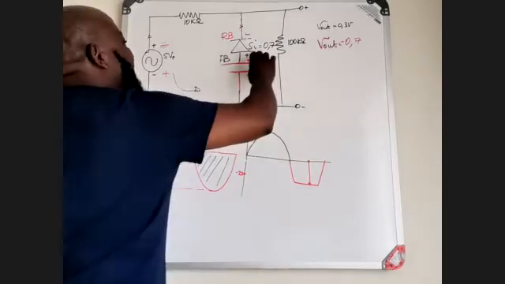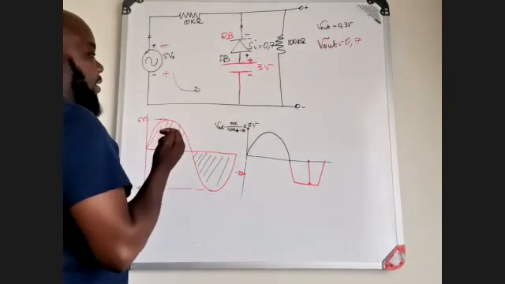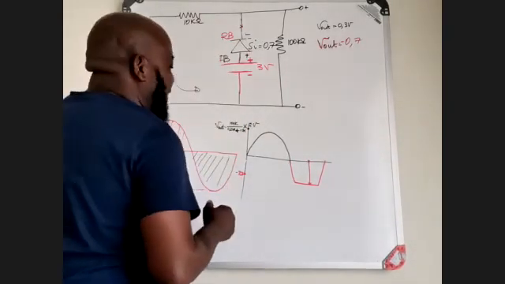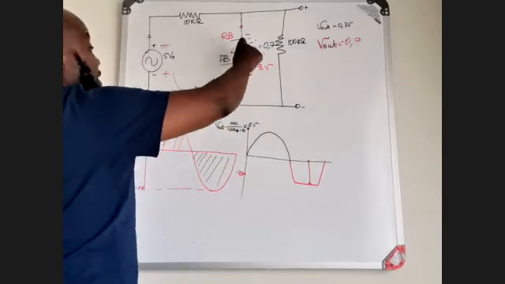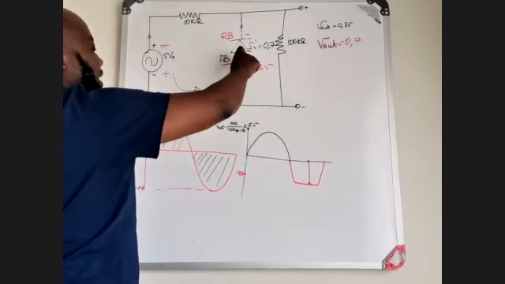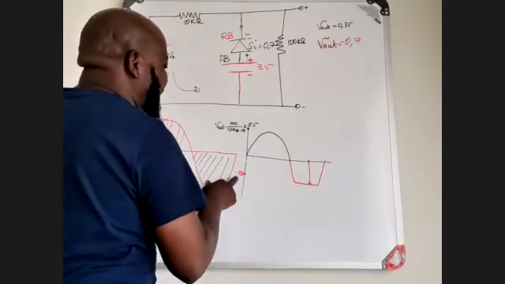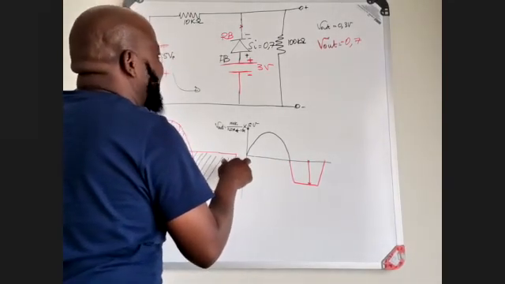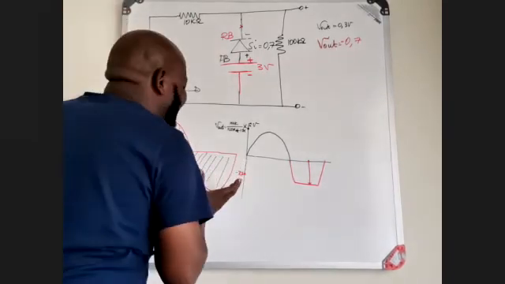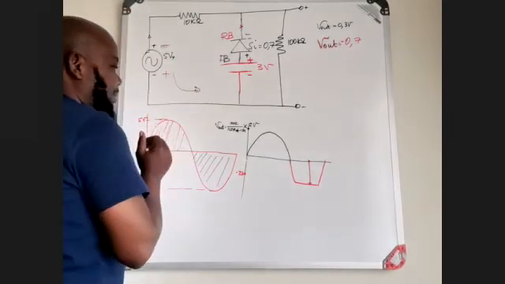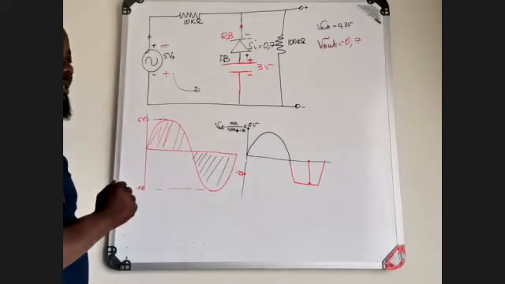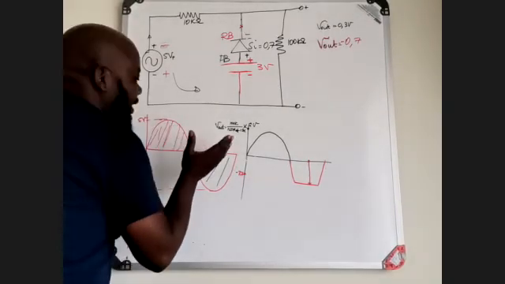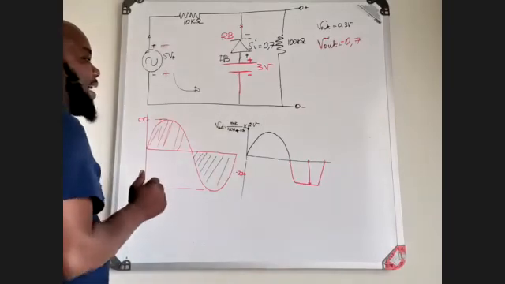What is going to happen here, if you follow the KVL, you will see that with this type of connection, instead of clipping this at minus 0.7 volt, you are going to eliminate the entire bias signal.